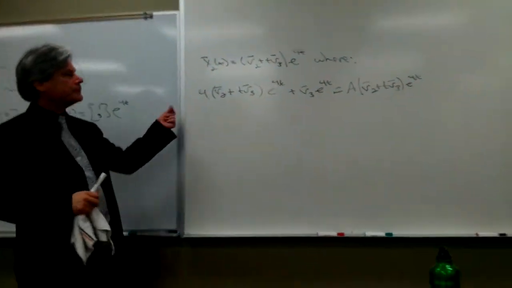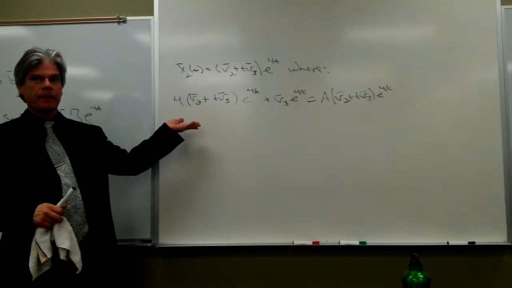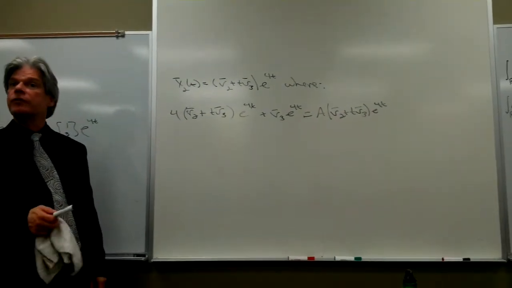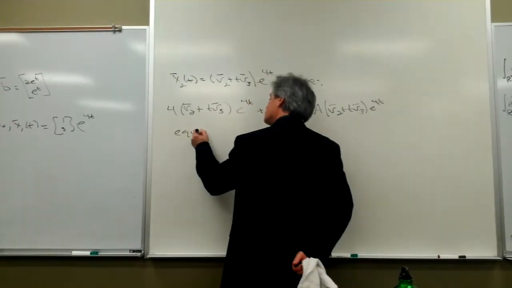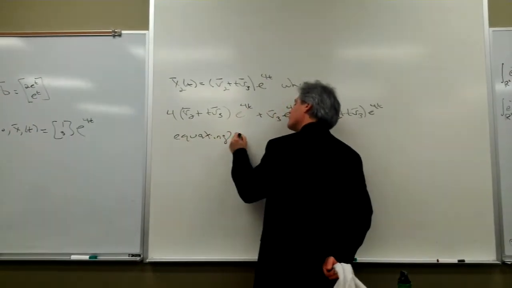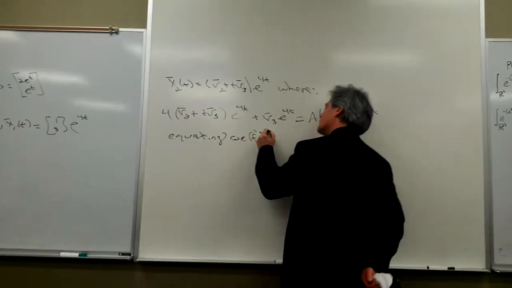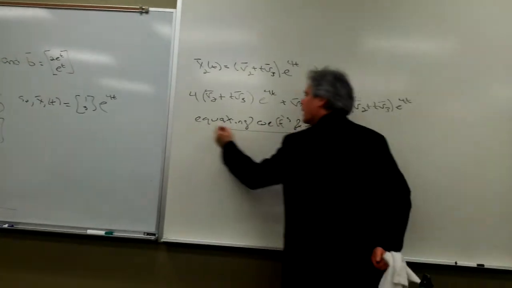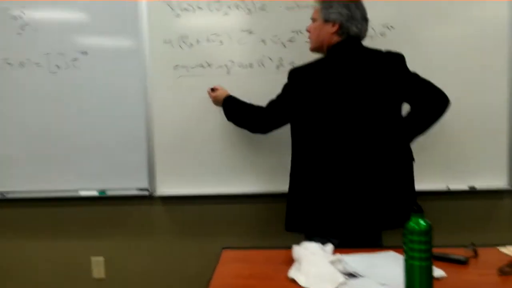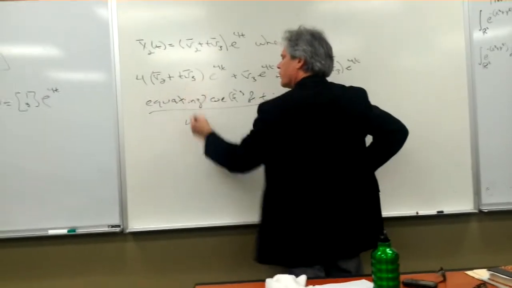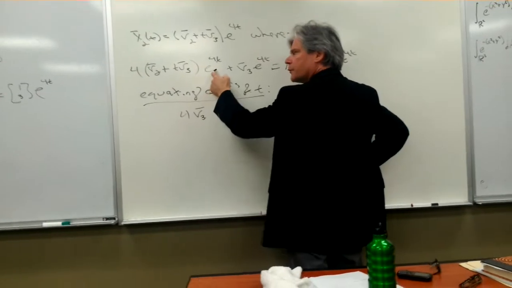I'm trying to solve for V2 bar and V3 bar. To do that, let me equate coefficients. And equating coefficients of t, I think what that's going to give me is the following. Actually, I have no idea. Is that a 4 times V3 bar? You guys, can I drop the e to the 4t's at this point?